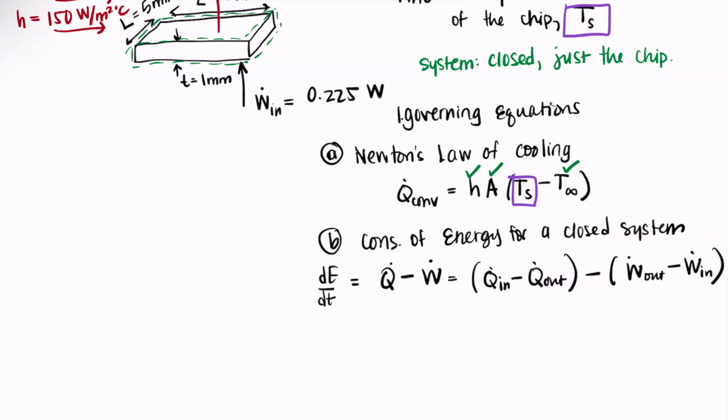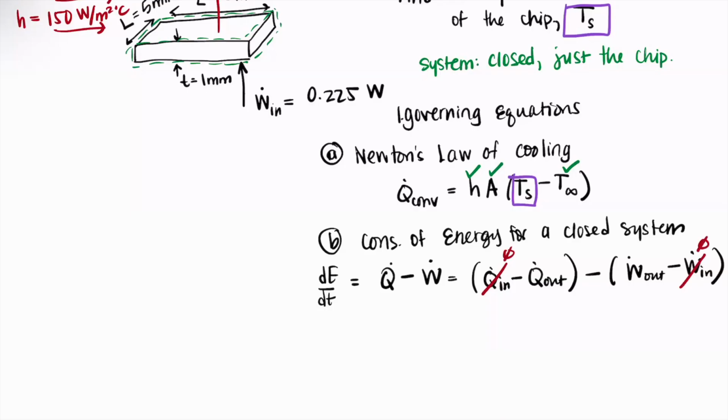Okay. So we know from our problem statement that we only have Q out, not Q in, right? And we also only have W dot out, not W dot in. That makes sense?